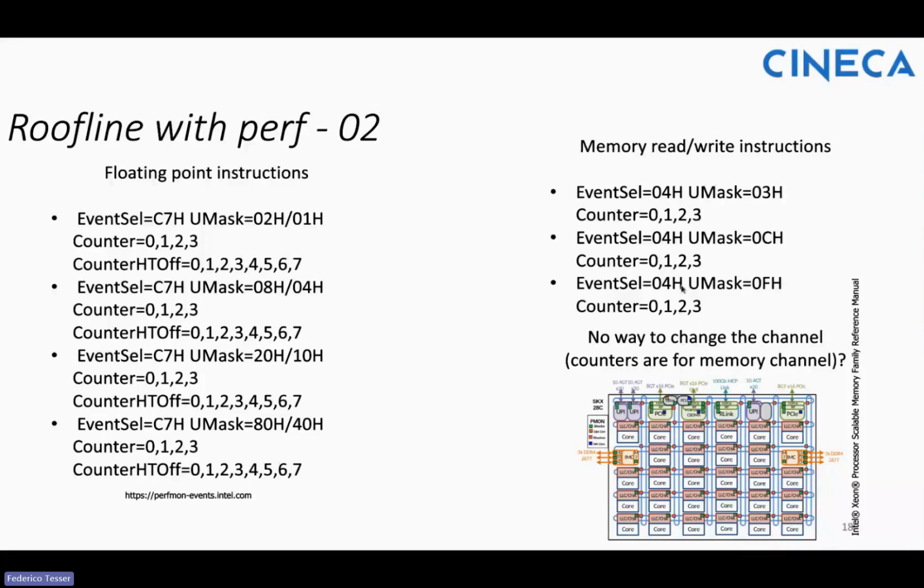That is not reported inside the Intel manual. So it seems that we cannot change the channel, and for each channel we want to measure the cast count. You can see in the bottom right corner that for a Cascade Lake system you have two integrated memory controllers with three channels each.